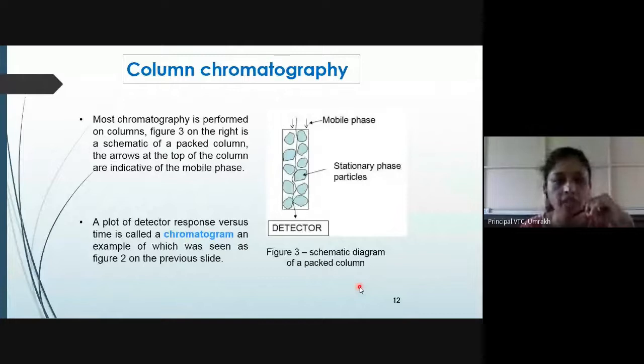In GC there are different kinds of columns: packed column, open bore, liquid coated. From the top of that column we add the mobile phase, and it moves through the stationary phase and is finally detected by the detector after elution.